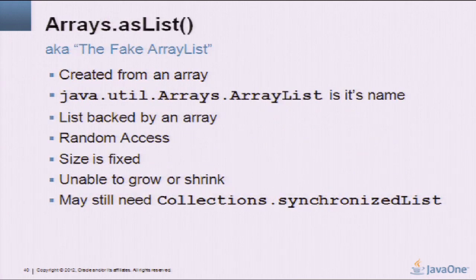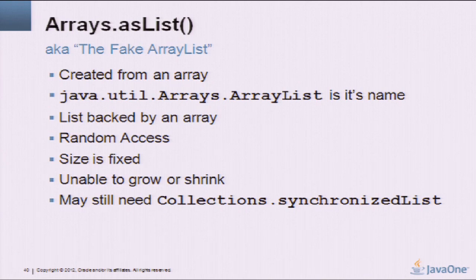There is another array list, which can be a bit confusing, and this is provided by the Java util Arrays class, and this is actually a specialized list implementation for wrapping an array and then presenting it as a list. It's kind of odd, but it has exactly the same name as ArrayList, and you can get the two confused on occasion, and that can lead to some head scratching because Arrays.asList has different capabilities than a normal ArrayList.